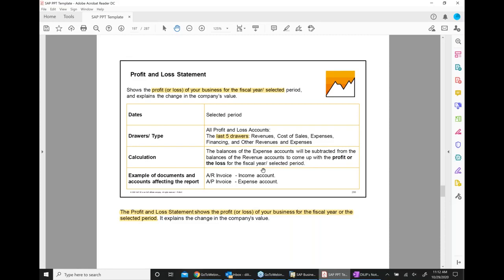Now we go to the next one and the last one, that is the profit and loss. Profit and loss. This is the third report. So we go to profit and loss.